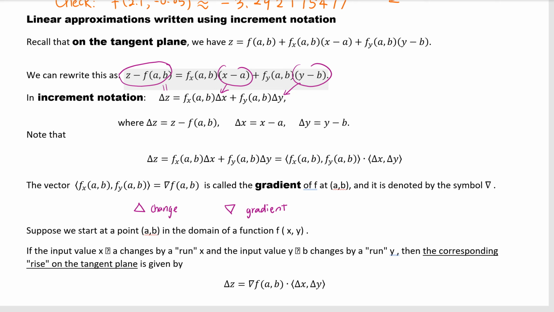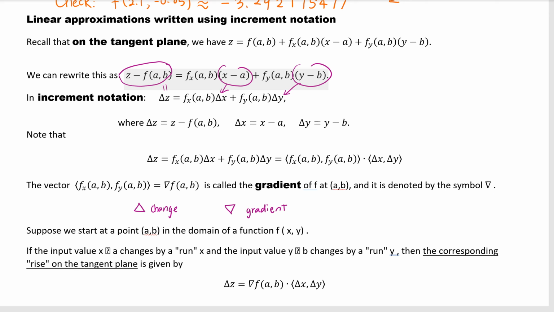Make sure you are sure about what the triangle represents. It is denoted by the upside down triangle symbol. Suppose we start at the point (a,b) in the domain of a function f(x,y).